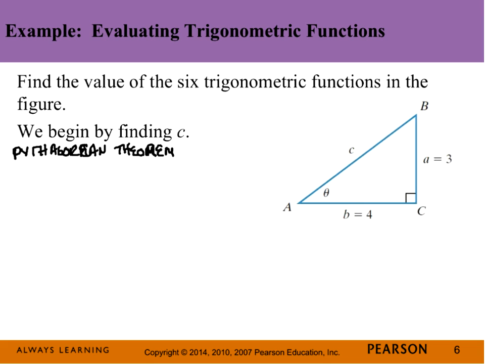All right, so the Pythagorean theorem says that C squared is equal to A squared plus B squared. And if you're interested in the Pythagorean theorem, there are tons of proofs of it online. There are even some really interesting visual proofs of it.